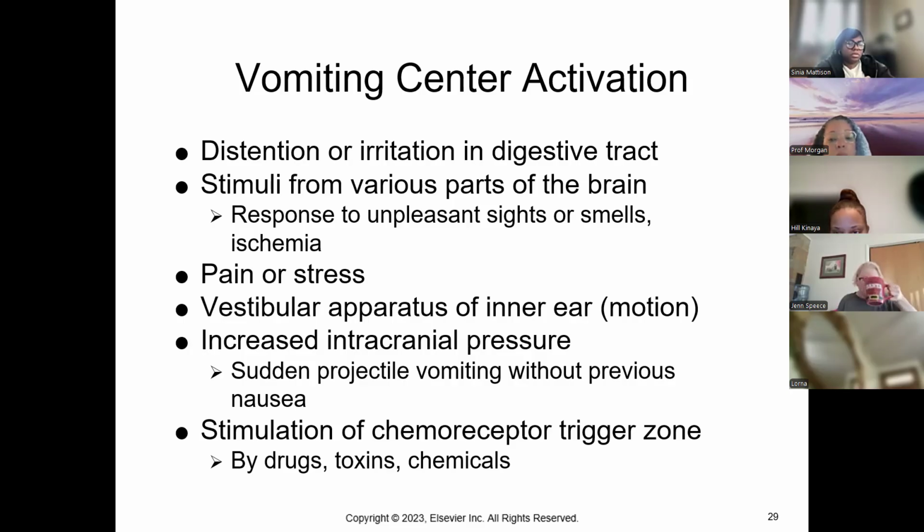Pain or stress, motion sickness, stimulation of the chemoreceptor trigger zone in the medulla by drugs or toxins, and increased cranial pressure, which I just talked about, cause sudden projectile vomiting without any intake of food or nausea. So that could be a test question. I wouldn't be surprised. Again, it's because the fluid from the brain is putting pressure on that emesis center, which is located in your medulla at the brain stem.